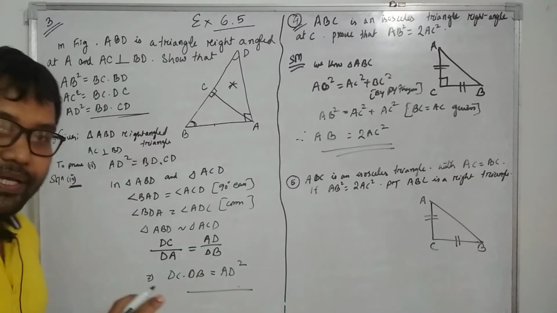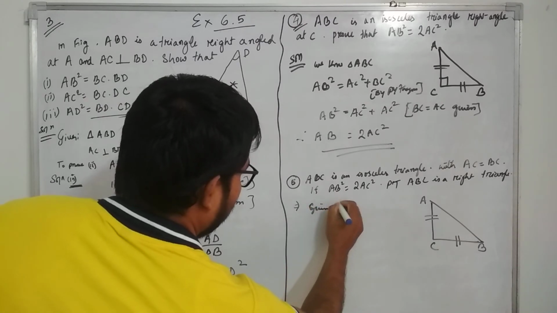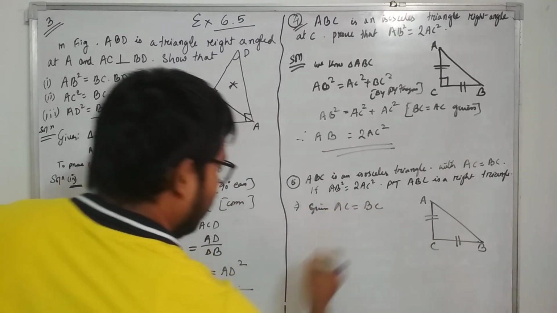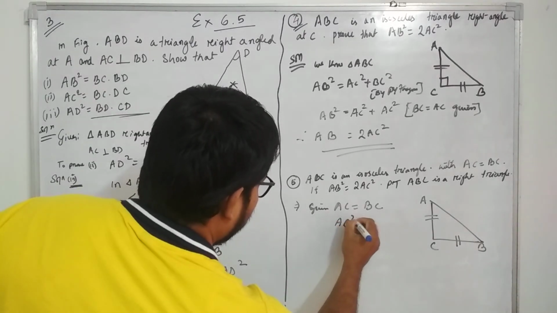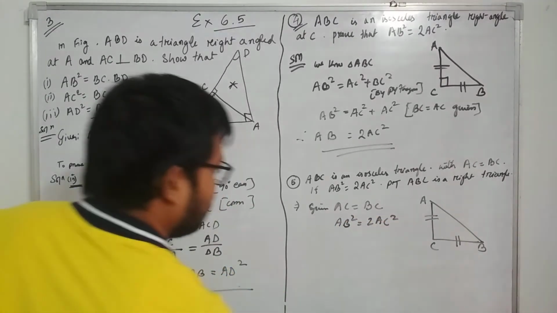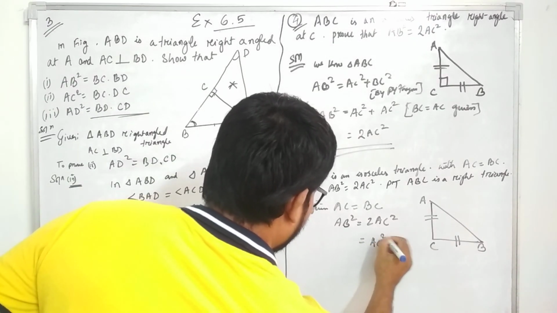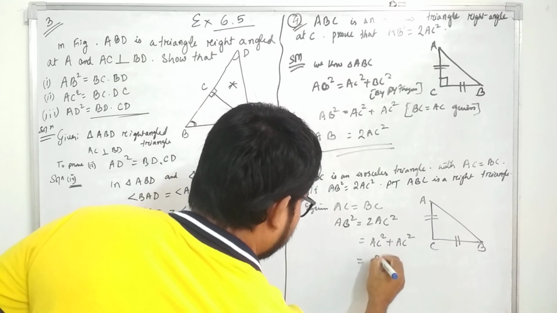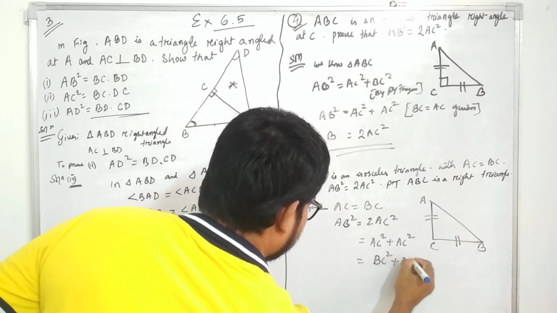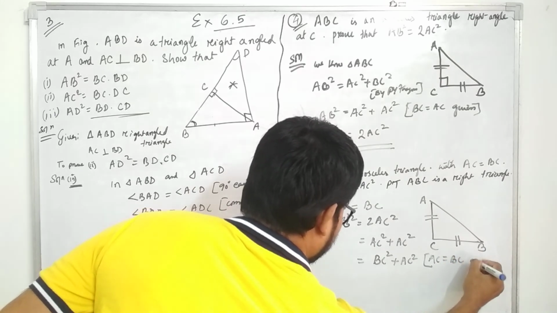Now one more thing is given: AB square equal to twice AC square. Twice AC square, I can write as AC square plus AC square. Instead of AC, I am putting BC, since AC equal to BC is given.